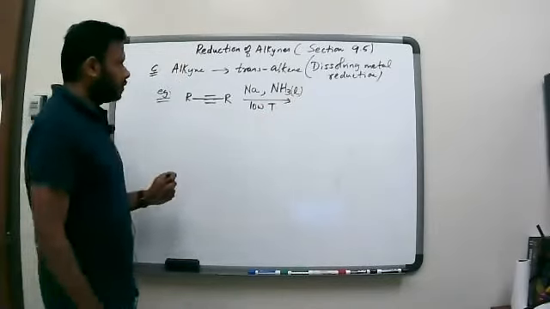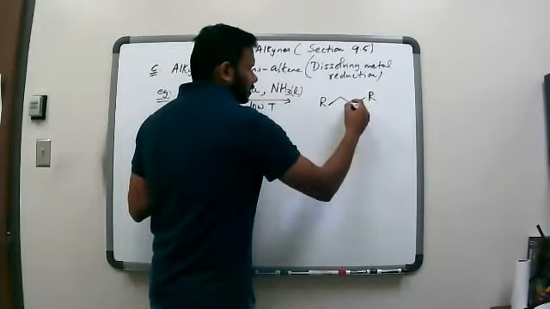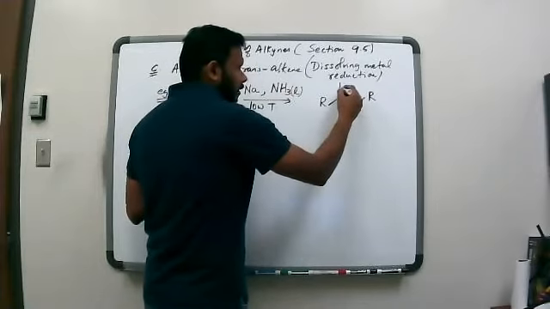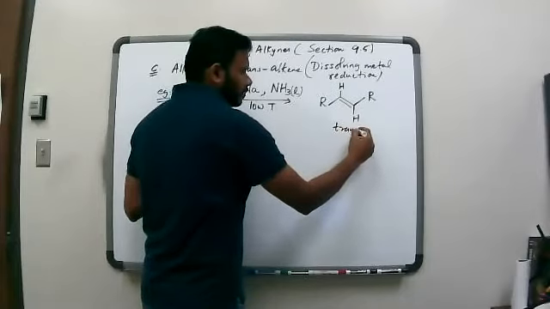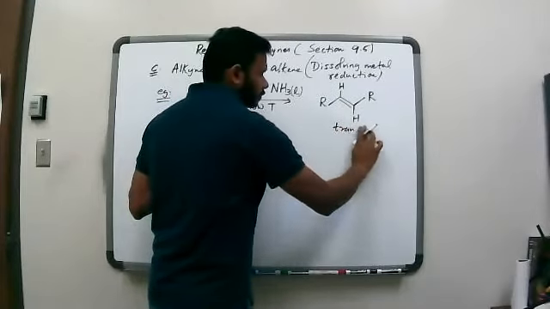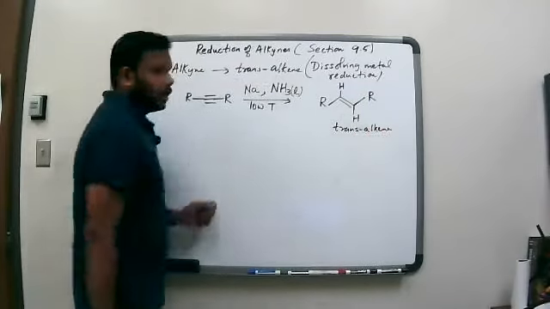So when we do this reaction, we are going to get the trans-alkenes, and now the two hydrogens add from opposite sides and we get the trans-alkene, okay.